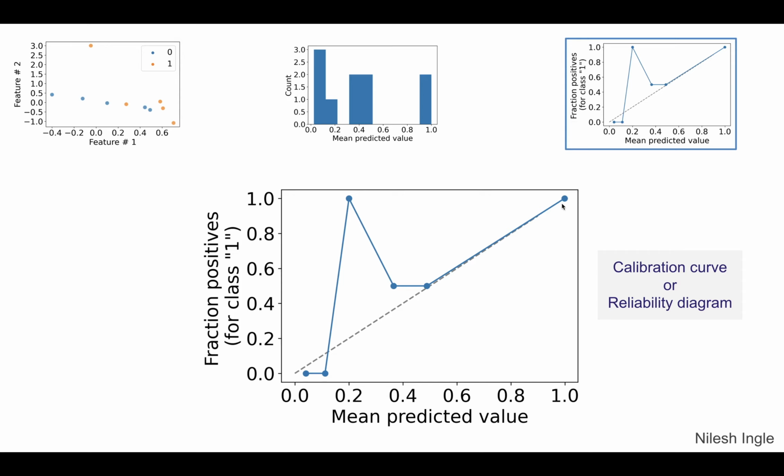Now the dotted line shows the perfectly calibrated case, where the probabilities predicted by the classifier match exactly with the true probabilities for that particular data set.